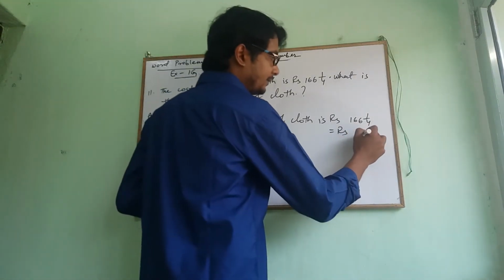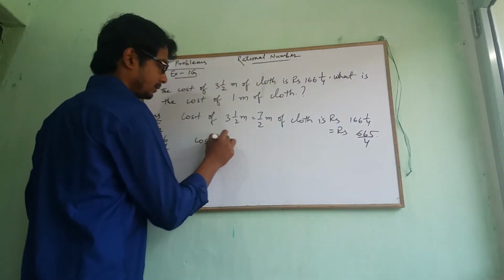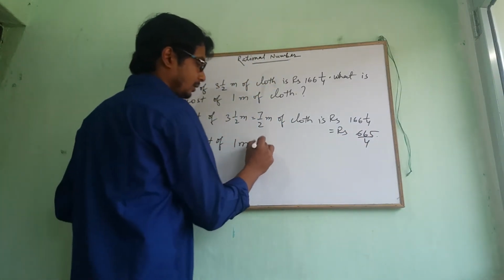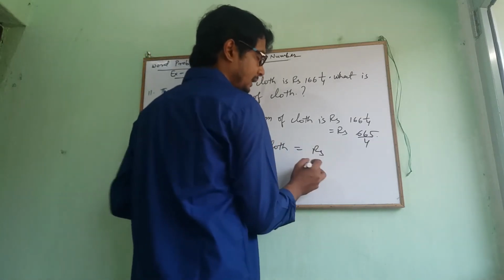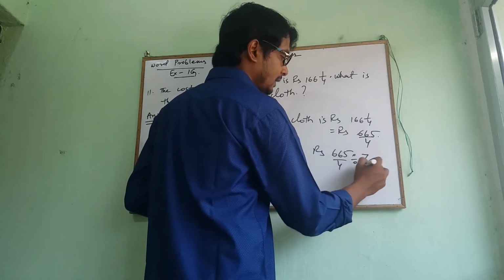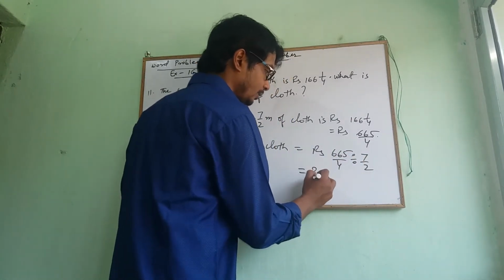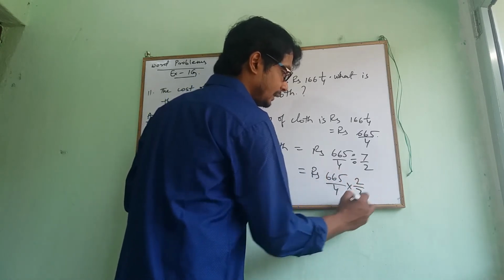So 665 by 4. Now the cost of 1 meter of cloth is equal to rupees 665 by 4 divided by 7 by 2. So this becomes rupees 665 by 4 multiplied by 2 by 7.